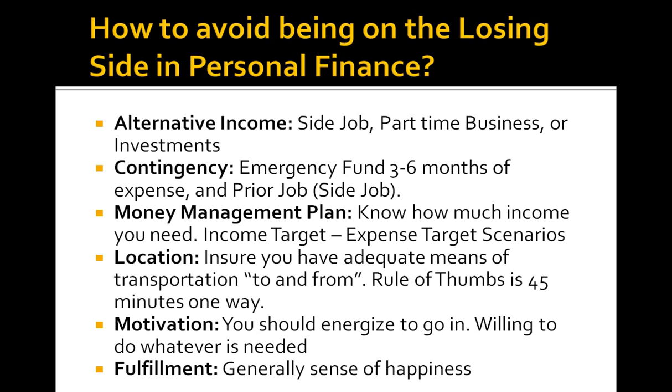The next one is contingency, which is an emergency fund for 3 to 6 months of expenses. The reason I have an emergency fund here is that if you're sitting on cash and they make you a lowball offer, and you can tell it's a lowball offer, you have built-in patience.